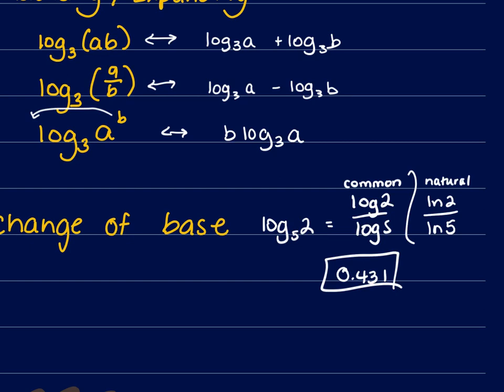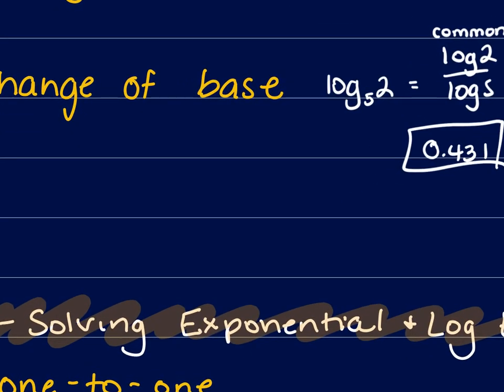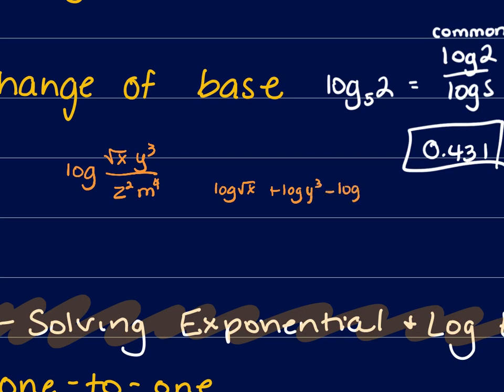So a couple of things that are gotchas on the quiz: pay attention to if it's got multiple parts to it. Like, if it said log of, let's say it was the square root of x, y to the third, over z to the second, m to the fourth, okay? When you separate that out, everything that's in the numerator would be positive and everything that's in the denominator would be negative, which means that this would be log square root of x plus log y to the third minus log z to the second minus log m to the fourth.